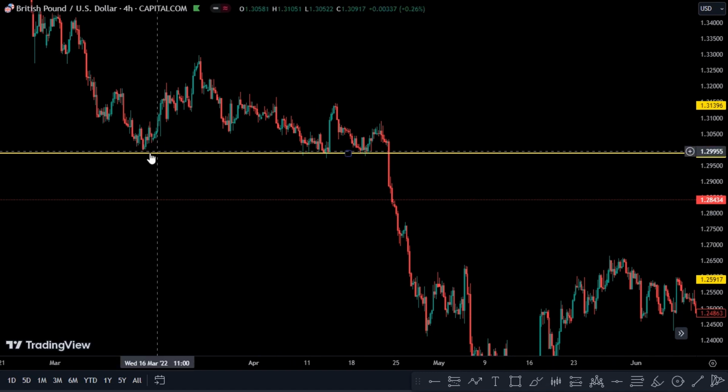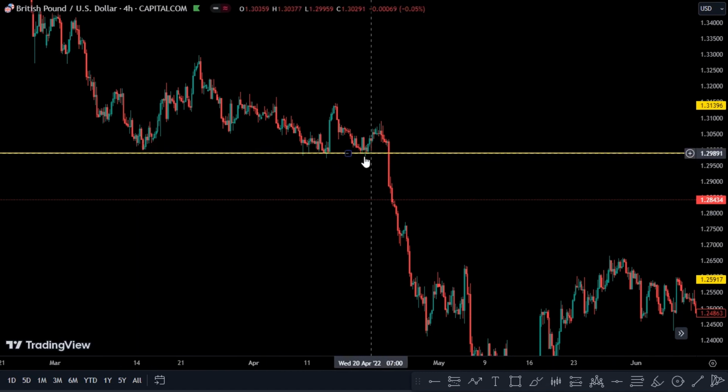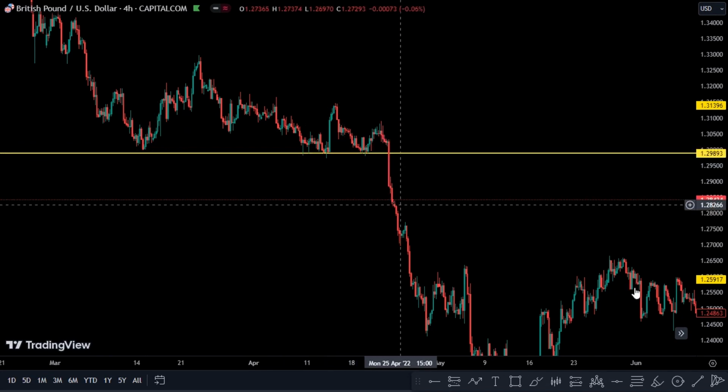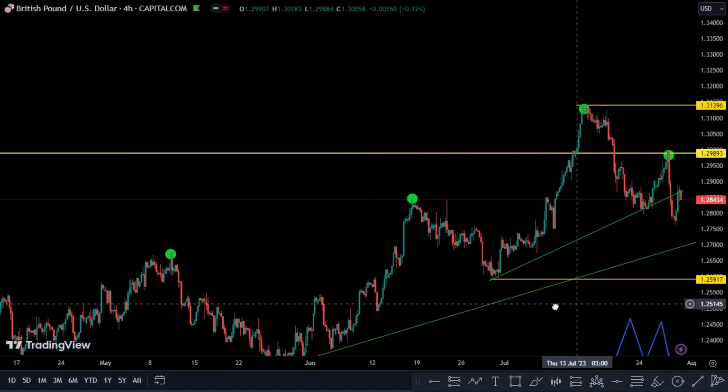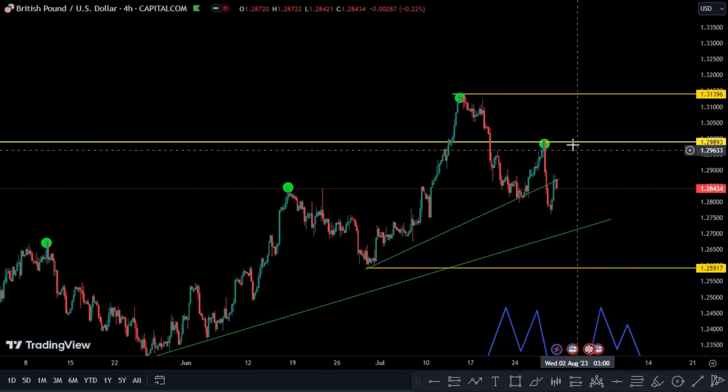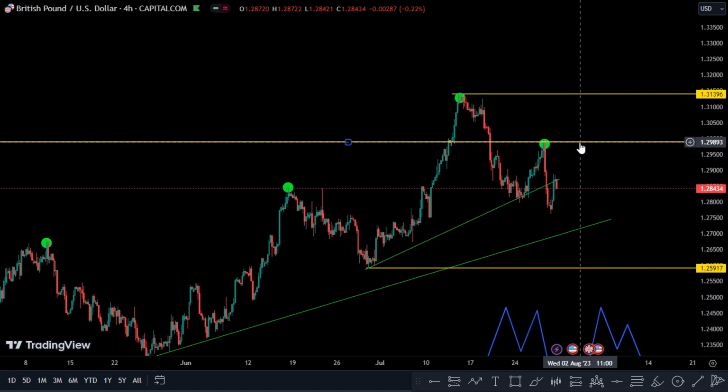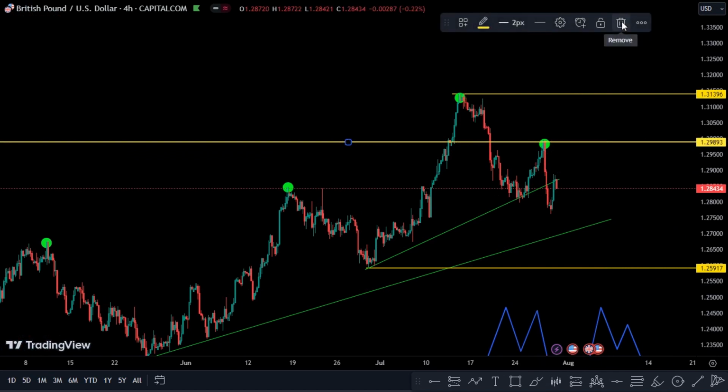As you can see here, this was once a very strong support structure up until it got broken here. And then fast forward to the current price action, this just happens to be exactly where the market turned and pushed to the downside.